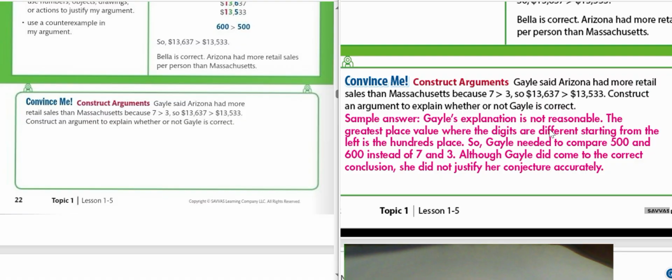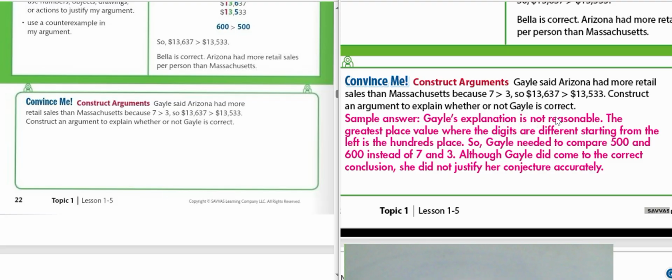We have in this example: not correct. Why? Is this number greater than this or not? We have 13,637 greater than this number. Because what? Because 6 lies in the hundreds place, 600 is greater than 500, not comparing the left hand side. So we must change this word.